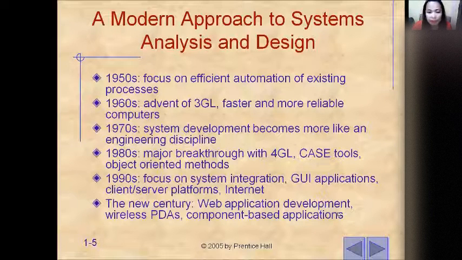And then in the 1970s, system development becomes more like an engineering discipline. In the 1980s, a major breakthrough with 4GL, CASE tools, and object-oriented methods. When you say 4GL, it means fourth generation language.